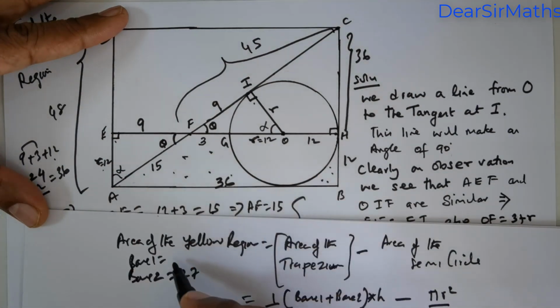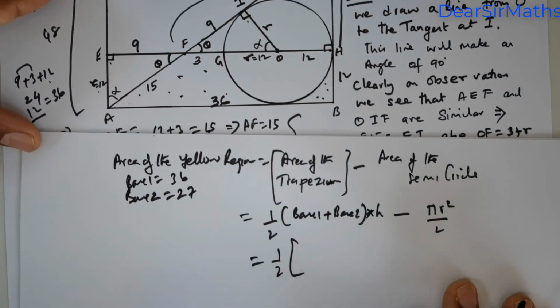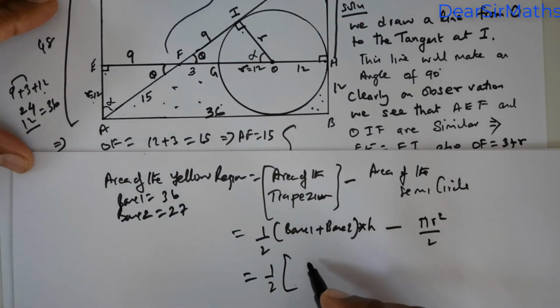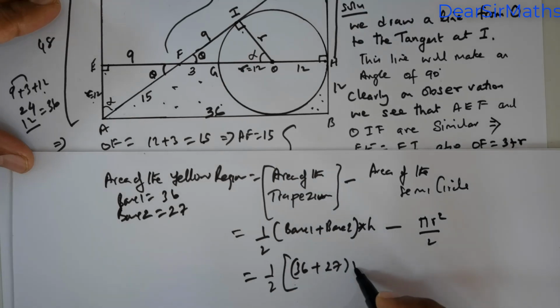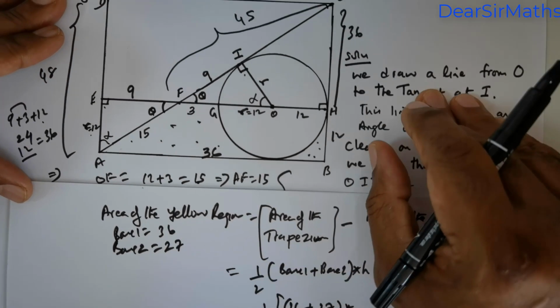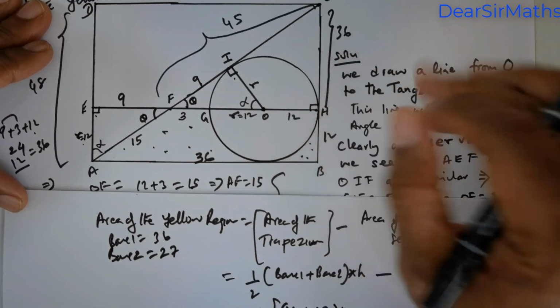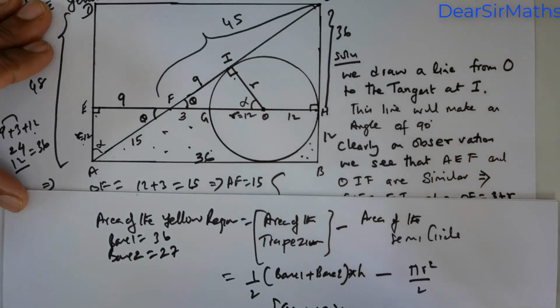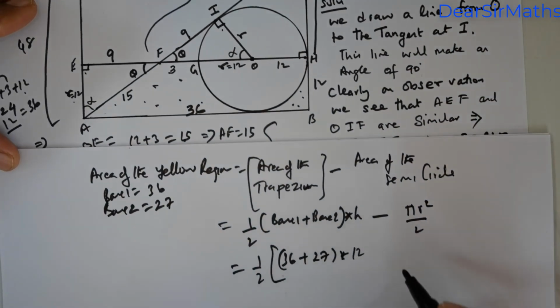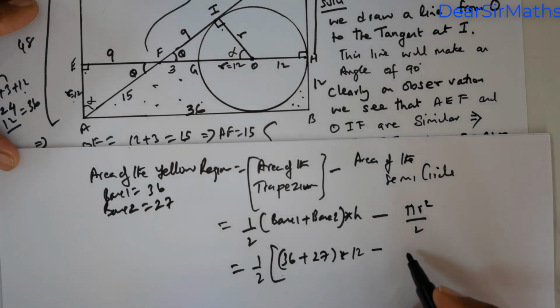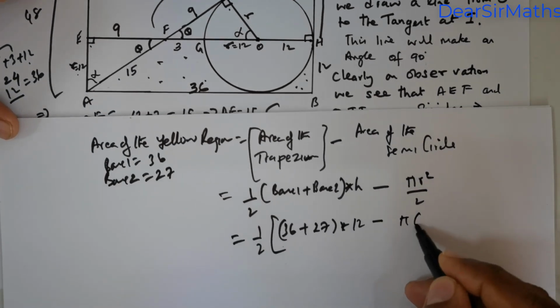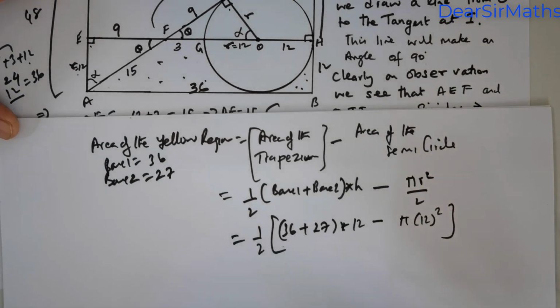This is the larger base, 36. So utilizing this information, 36 plus 27 multiplied with the height. So what is the height here? This is the height here, 12 units, multiplied with 12, negative pi times radius, which is 12, so it's going to be squared there.